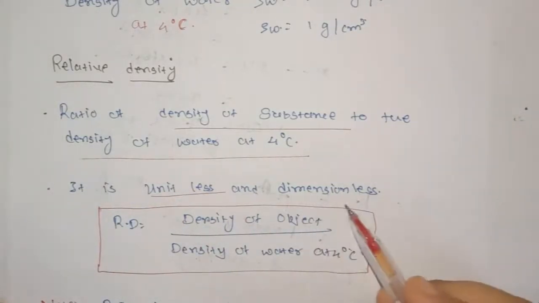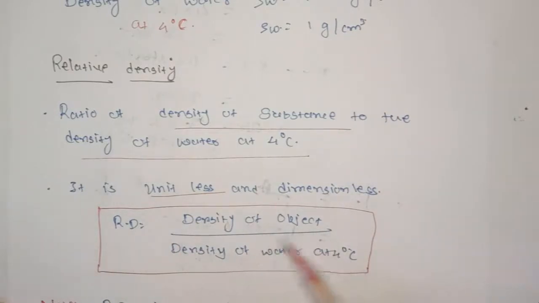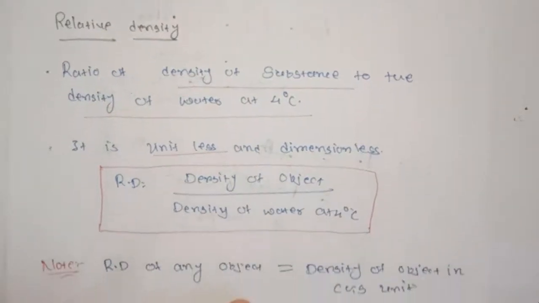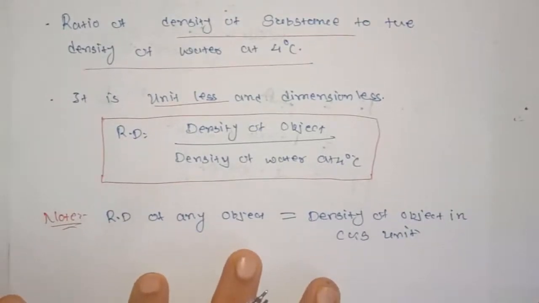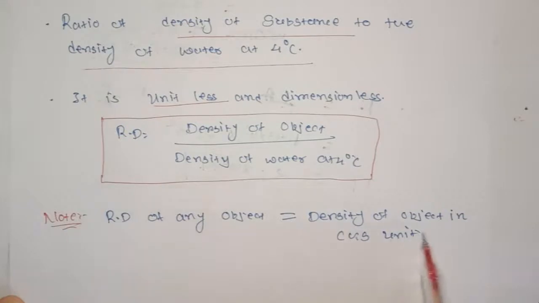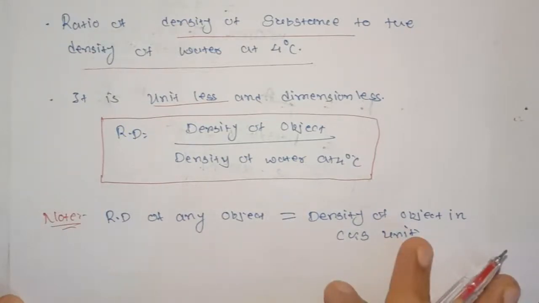So it is unitless and dimensionless. The relative density is density of object divided by density of water at 4 degrees Celsius. Now, note that relative density of any object is equals to density of object in CGS unit.